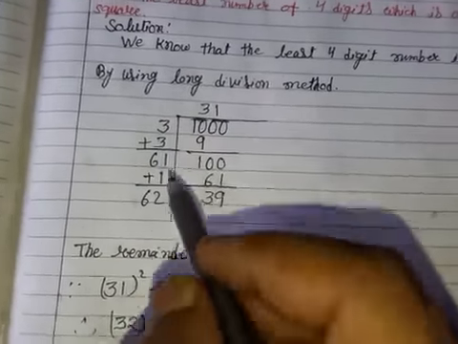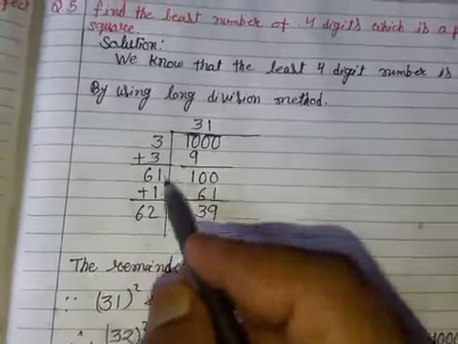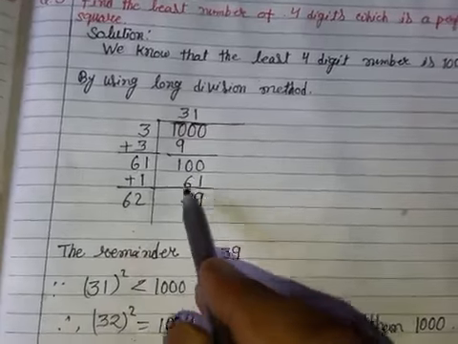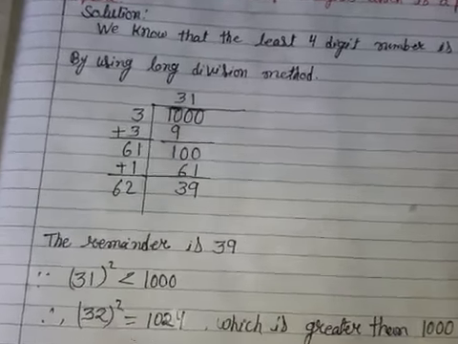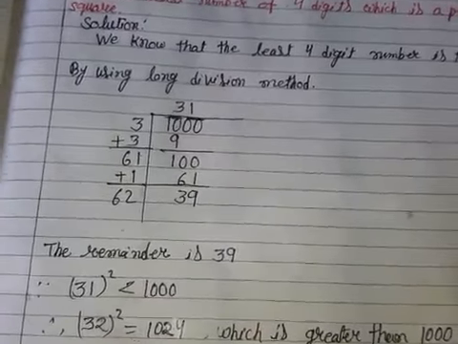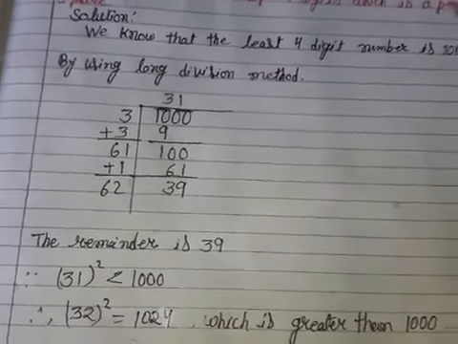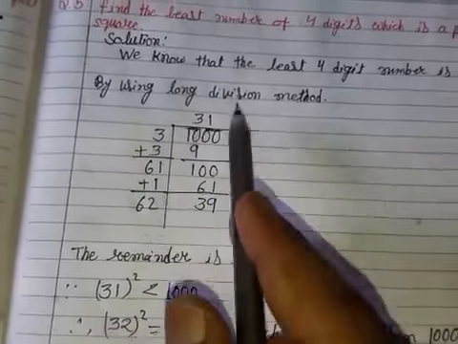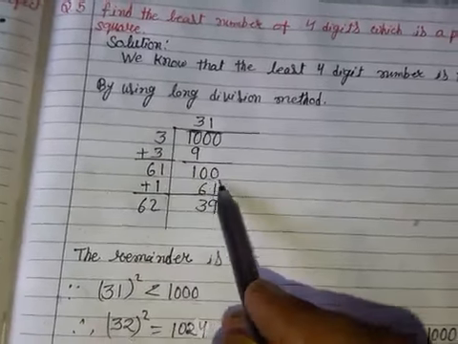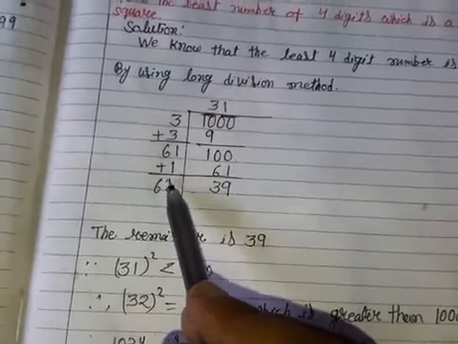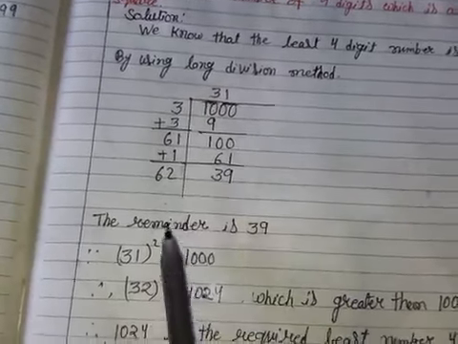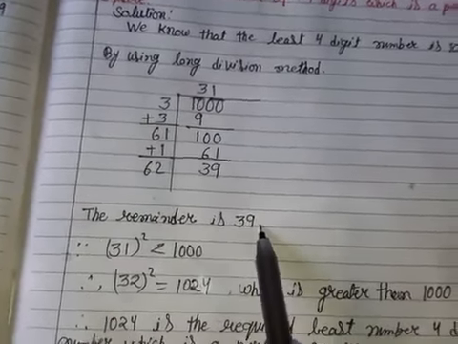Now here we multiply by 1 because 61 1s are 61, and if we take 2, 62 2s are 124, which is greater than 100, so we take here 1. Subtracting we get 39. Here also add 1. The remainder is 39.